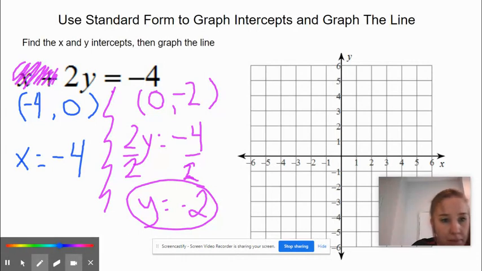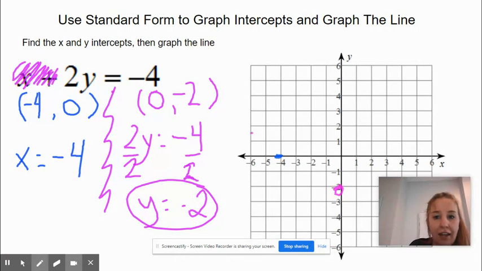So back here in blue, we do our x-intercept, which is negative 4, 0, right there. And then our y-intercept is over here, 0, negative 2. Okay, and then you just make a line. And that's how that's done. Okay, I know this video is a little long, but now it's over.